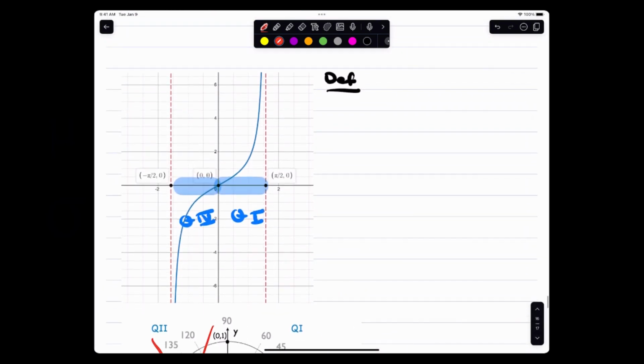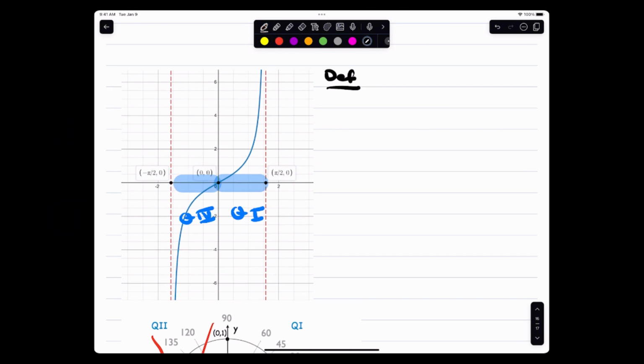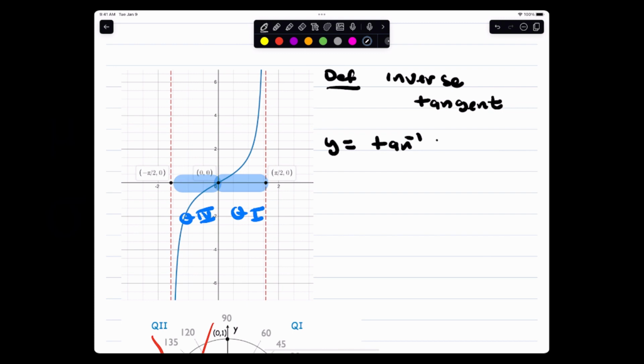So you might say, okay, what's that definition again of an inverse tangent now? Well, they're going to say again, y equals inverse tangent of x is equivalent to the statement x equals tangent of what? y.